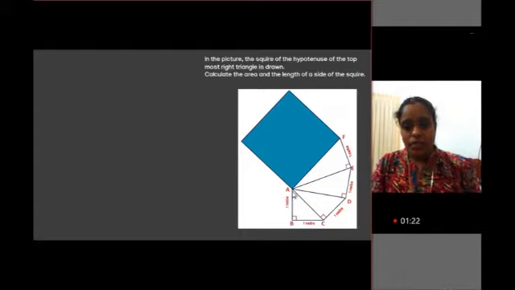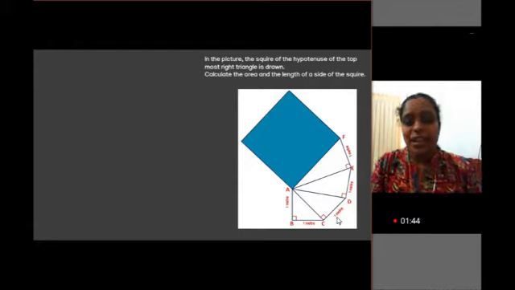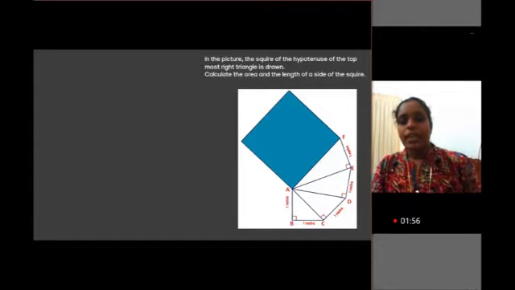First I am giving here the name of this triangle as ABC. So here you can see this triangle is a right angle triangle. So we can use Pythagoras theorem to find the length of AC. And Pythagoras theorem is base square plus altitude square is equal to hypotenuse square. Here hypotenuse is AC.